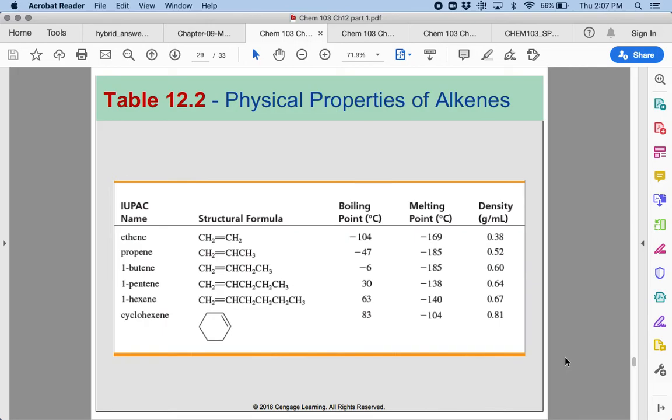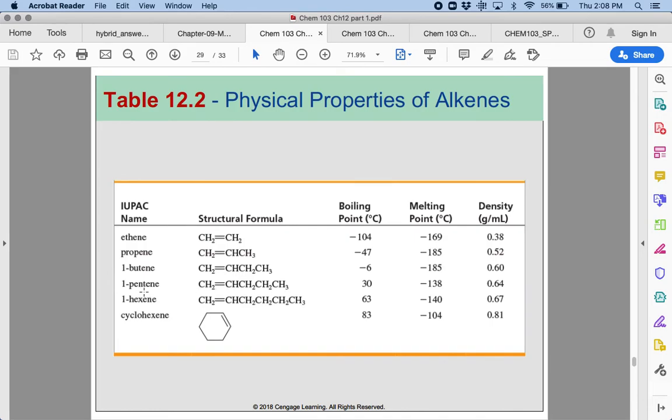So here are some examples, just like we've seen before, where we can go ethene. Now notice, we can't have methene, M-E-T-H-E-N-E, because there has to be a double bond, and meth means only 1 carbon, so that carbon can't be double bonded to anything. So the smallest alkene that we can have is ethene. Ethene, propene. Now 1-butene, if we had 2-butene, it would be here.